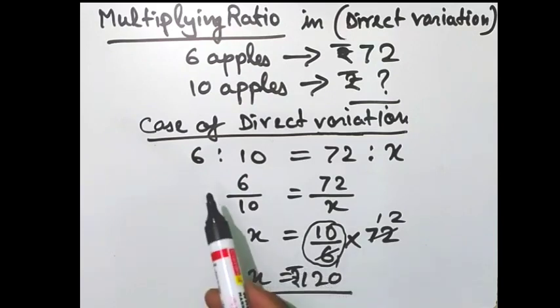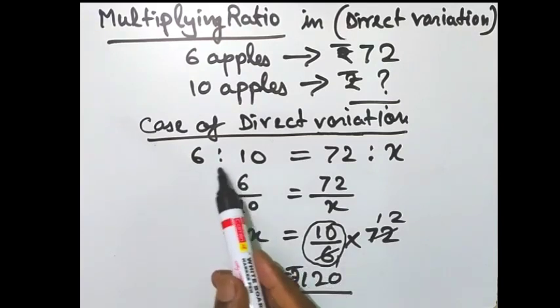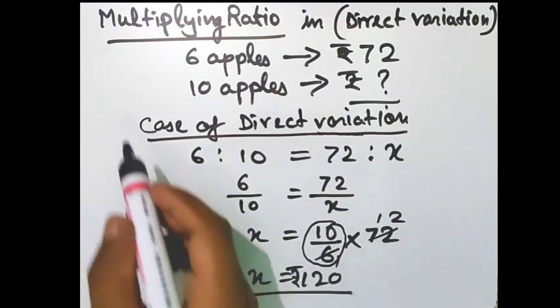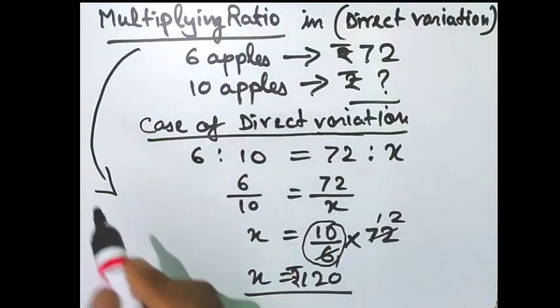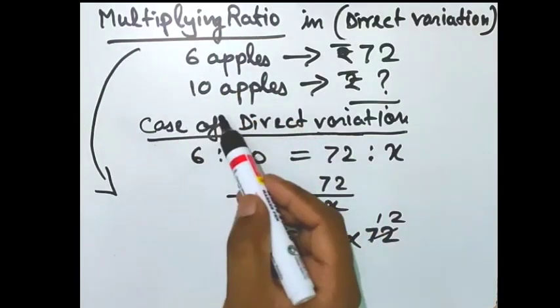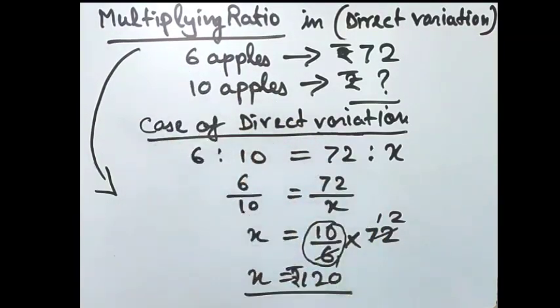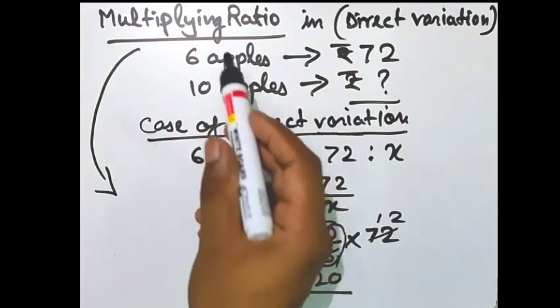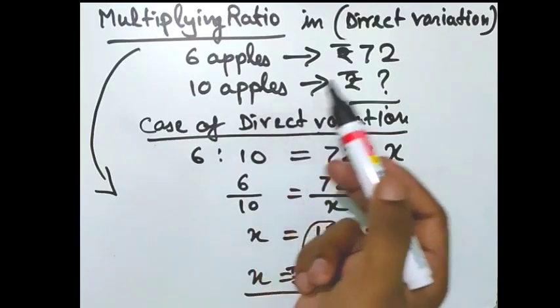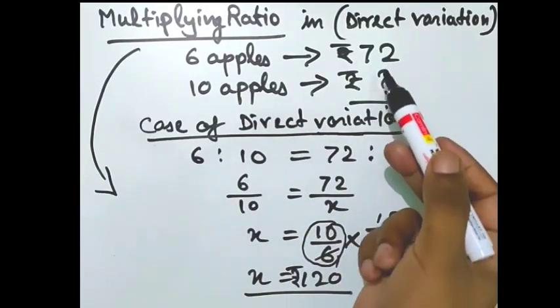So here we had 6 by 10. So we just changed it into the form of 10 by 6, or the inverse of that. So always remember that the multiplying ratio will be equal to the inverse of the two values of the given quantity. So here two values of apples are given, but the two values of the other quantity are not given.